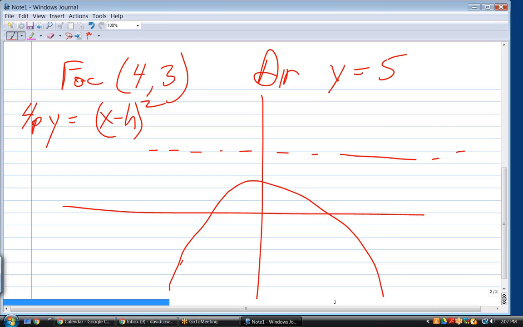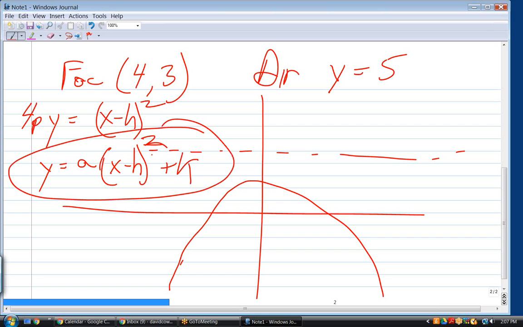I think it's y equals 1 over 2p times (x minus h) squared. The way you do it is the way I prefer. In other words, all through algebra, you learn this format.